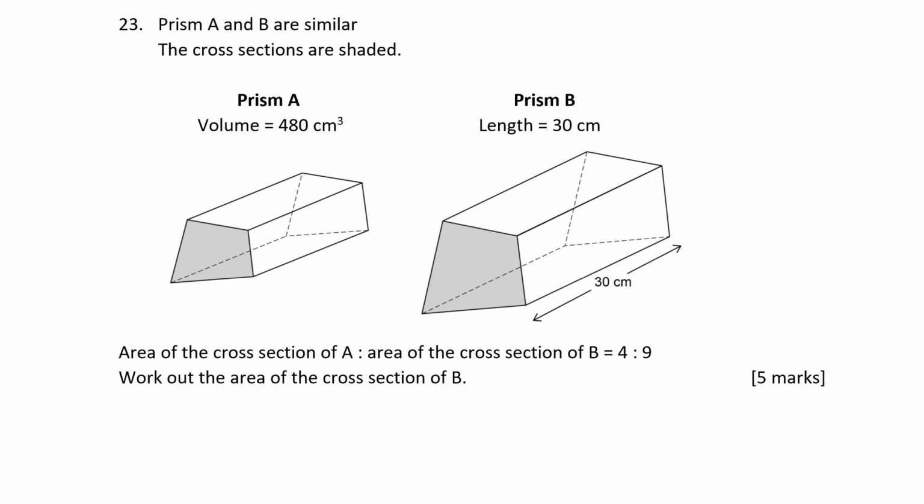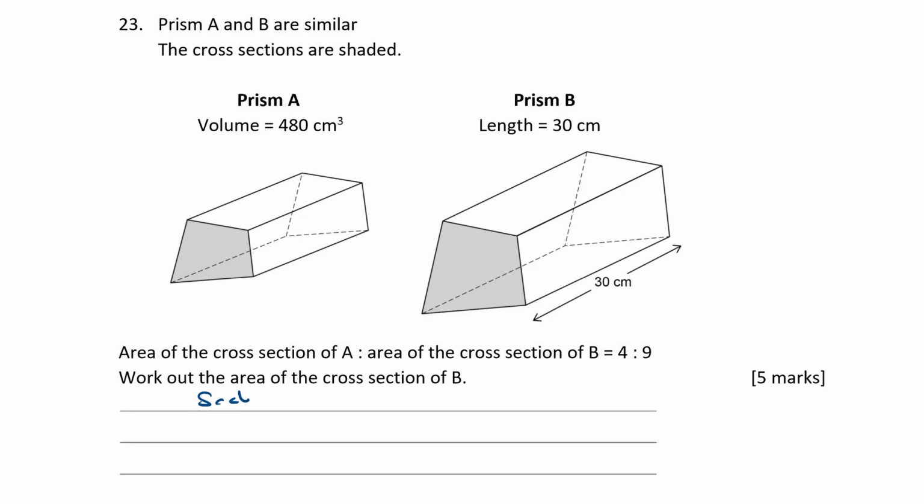Now, when you're working with ratio and similar shapes, if we know that the scale factor of lengths is in the ratio of, let's say, 1 to n, then the scale factor of their areas is going to be in the ratio of 1 squared to n squared, or 1 to n squared.